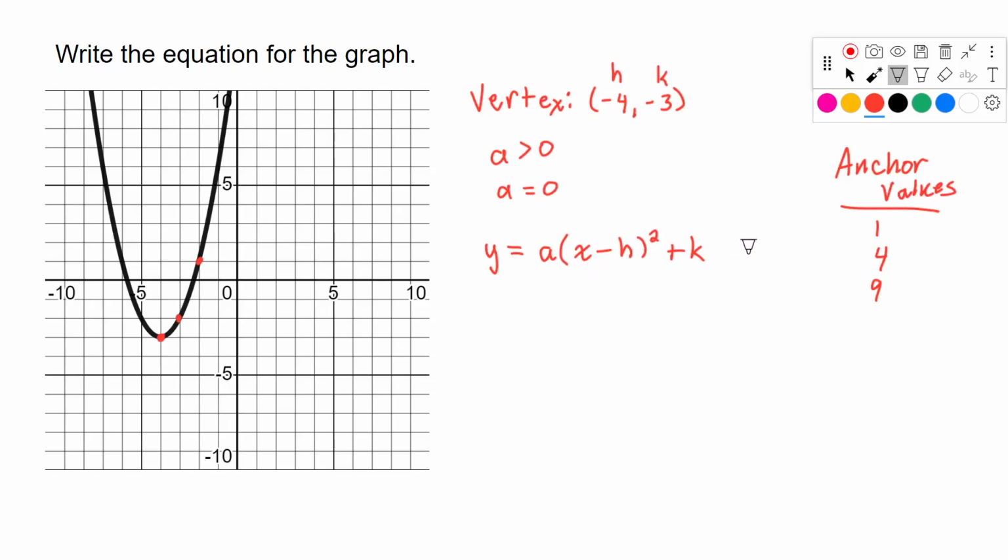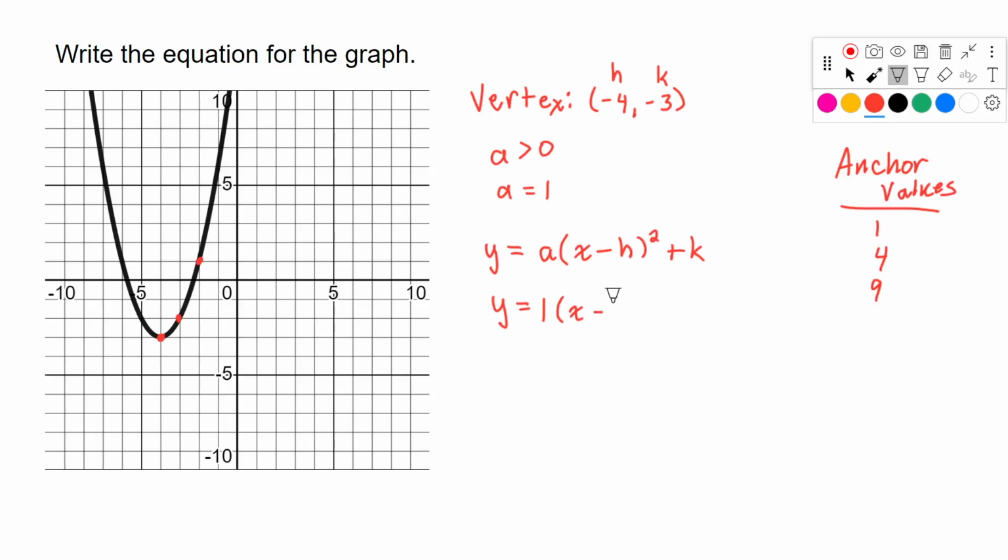So now I can fill in the a, h, and k in my equation, and I will have the vertex form of this graph. Since a is equal to 1, I should not have written 0 up here. a is equal to 1. You can write it if you want. If you don't, that's okay. Times x.